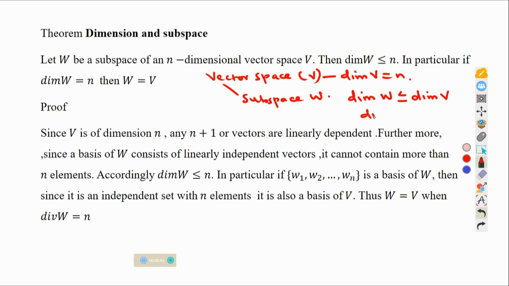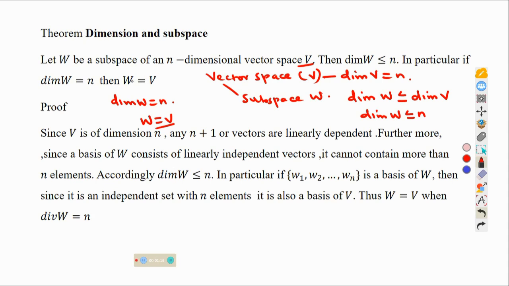So that's why we say dimension of W, which is the subspace, is less or equal to n, which is the dimension of the vector space. And in case the dimension of W is also n, then it means the subspace is actually equal to the vector space.